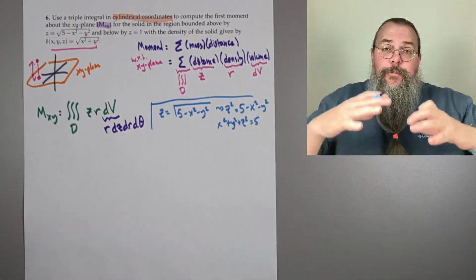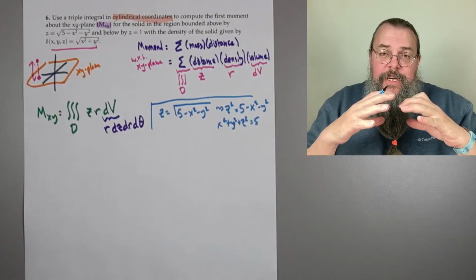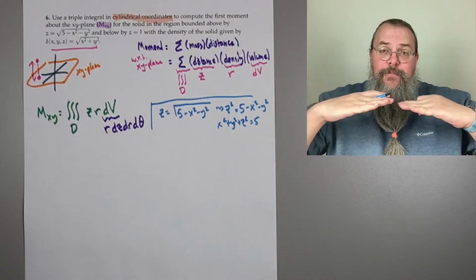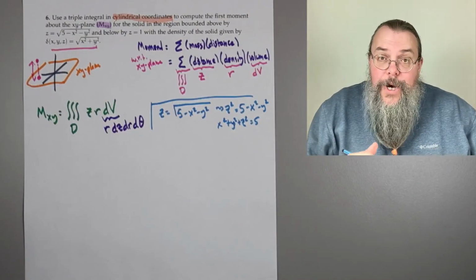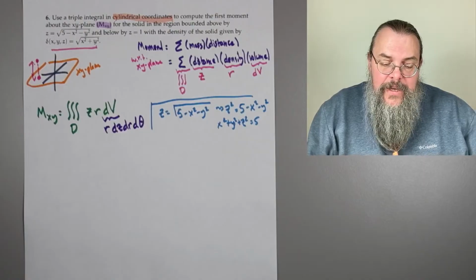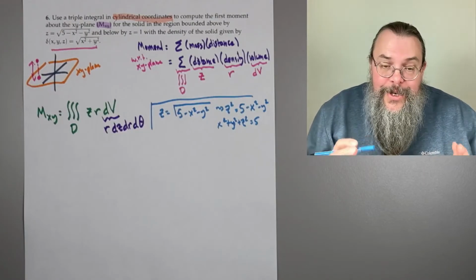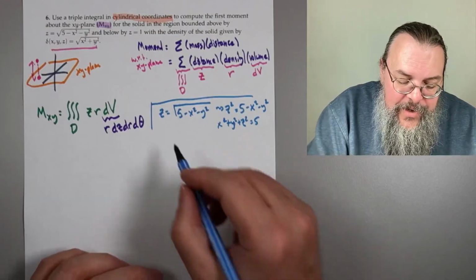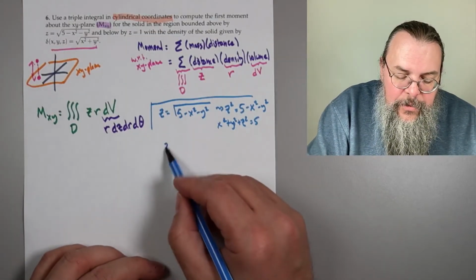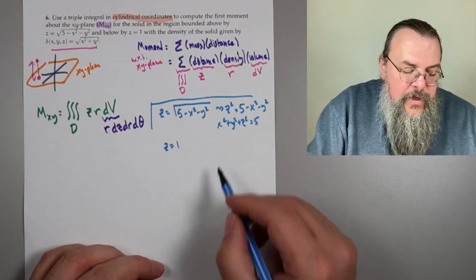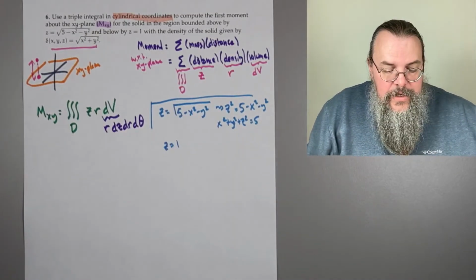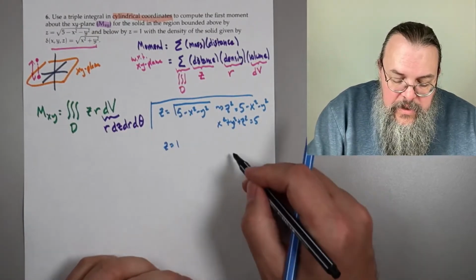Bounded above by a sphere of radius 5, bounded below by the plane z equals 1. Okay, we're making progress here. So this z equals 1 is our other one. So if we sketch again, we're in our space here.